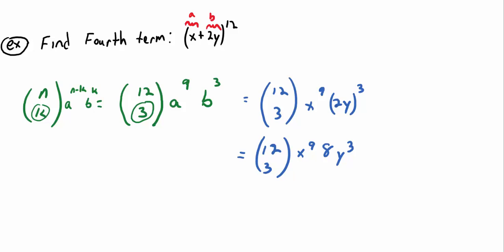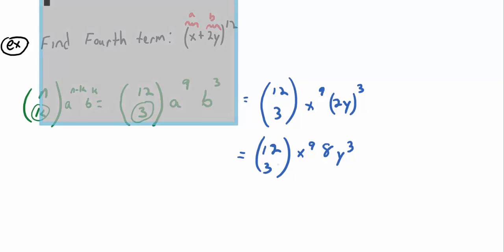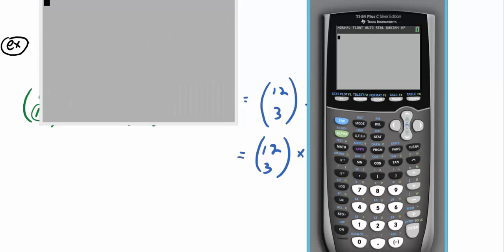8y cubed. Now, I don't really want to write down Pascal's triangle out to row 12, do you? I mean, you could. It wouldn't take that long. But I do want to show you how to do that on a calculator. On the calculator, the notation looks a little different. You're going to type in the 12 first, which makes sense.